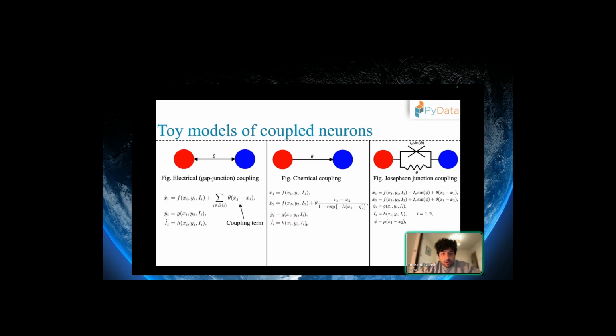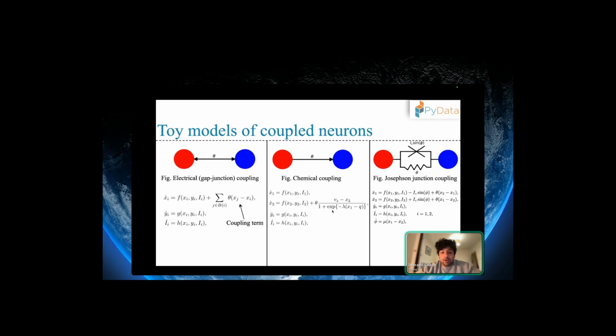Now, for the chemical coupling, however, the coupling strategy is more complicated. After a lot of modeling strategies that people have developed throughout the years, this is the one that quite matches chemical coupling.